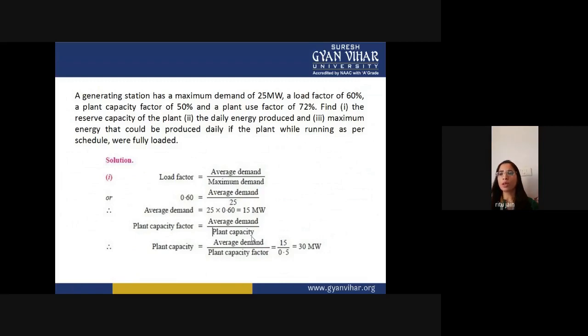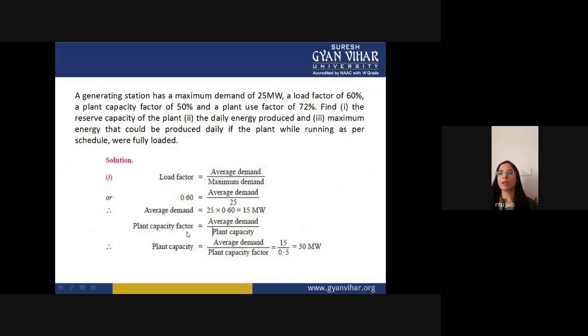So you have to calculate the average demand, and you can calculate it from the load factor, which is 60%. The formula for load factor is average demand upon maximum demand. So 0.60 is equal to average demand upon 25, and average demand is equal to 25 into 0.60, which is 15 megawatt.